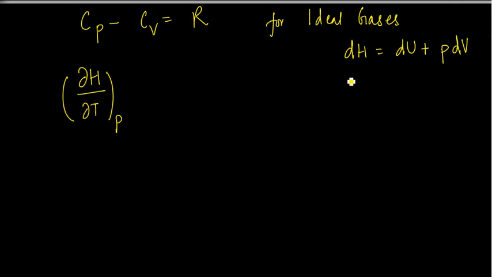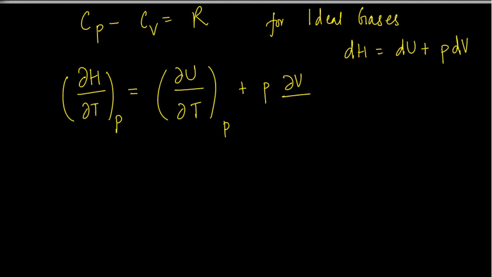From here, del H by del T at constant pressure is equal to del U by del T at constant pressure plus P, which is a constant, times del V by del T at constant pressure. Our ideal gas equation is PV equal to RT.